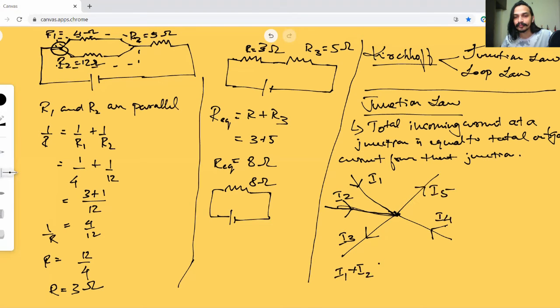Look at the arrow, so that is not an incoming current. I4 is again going towards the junction, which is an incoming current. I5 is again going outward. So these three are the total incoming current.